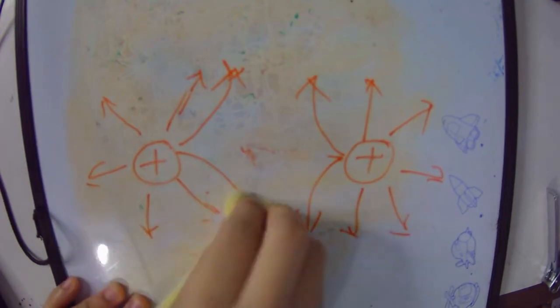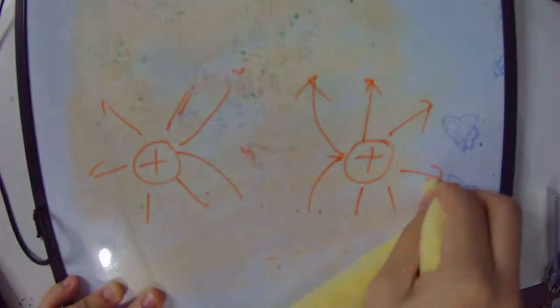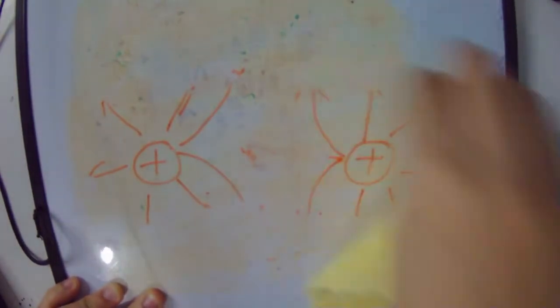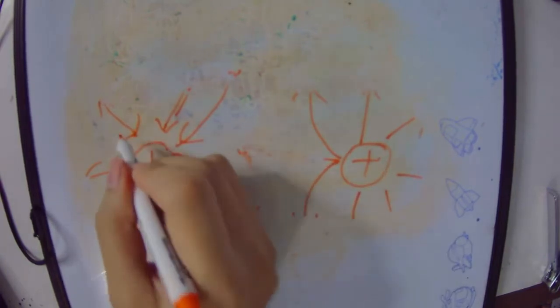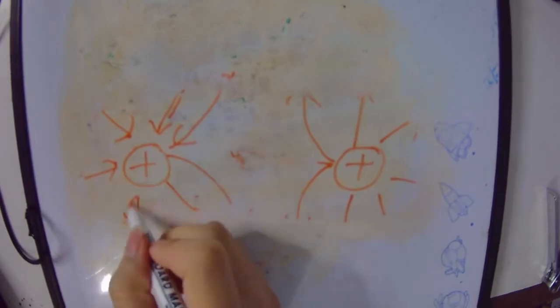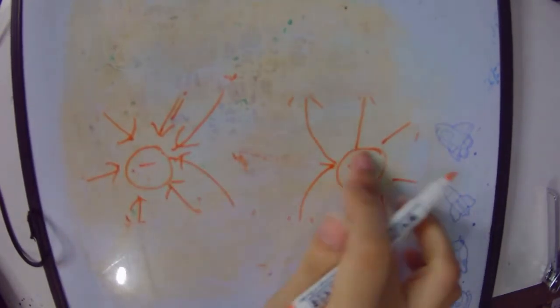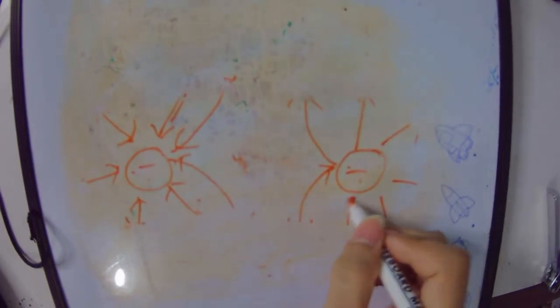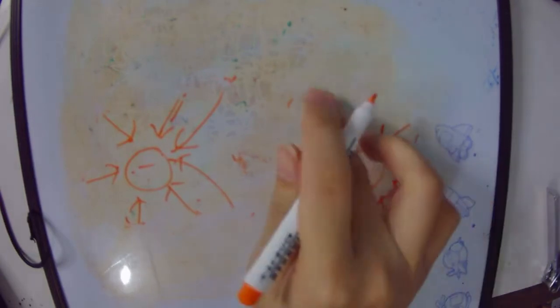Now, if they're both negative, it will be the opposite direction of the arrows, but the result will still be the same, where they will still not want to meet. They will push or repel each other.